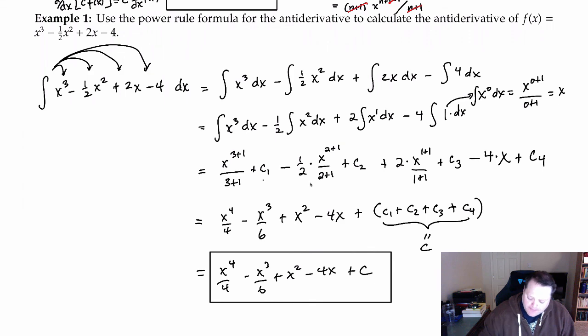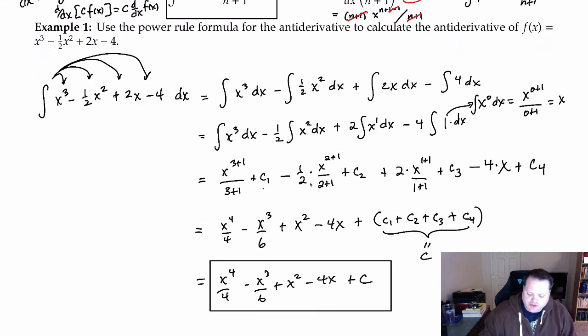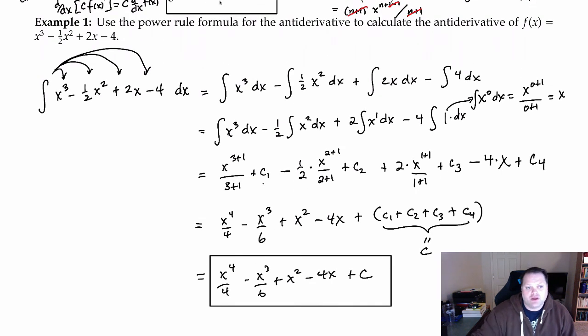And I know this was our first sort of exposure to a couple of different rules that are going on here. We're going to get some more practice with this. But the main thing that you need to be able to do is honestly do a lot of this in your head. So let me just talk about it real quick. You've got x cubed first, so x cubed would be x to the 4 over 4, right? We've got that.